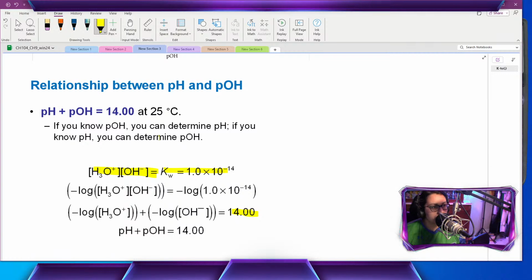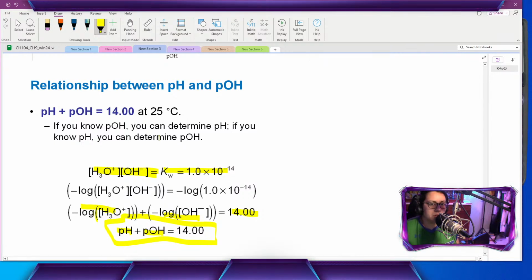And then this, so they split it out. So then if you distribute this, you distribute the negative, but then you add them together. So then you have negative log of hydronium plus negative log of hydroxide. And so that equals pH and pOH, right? That's what those mean.